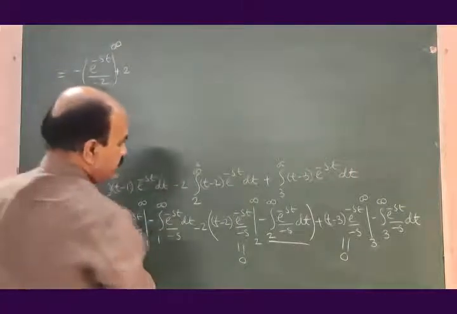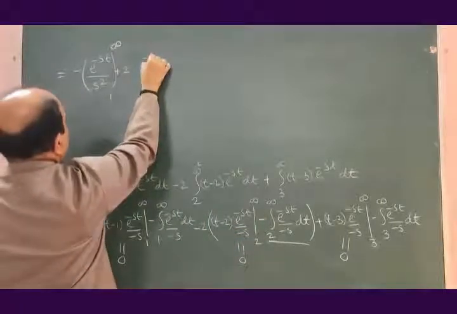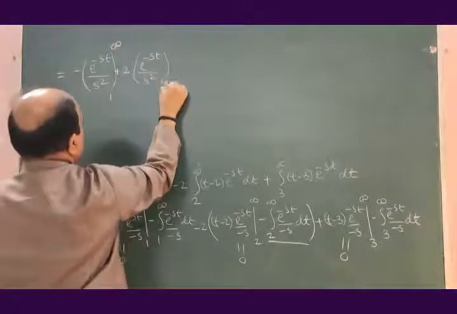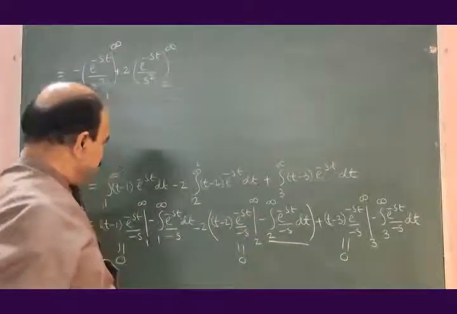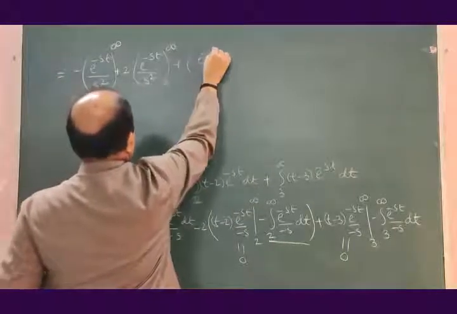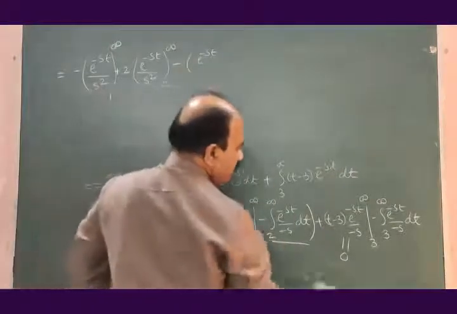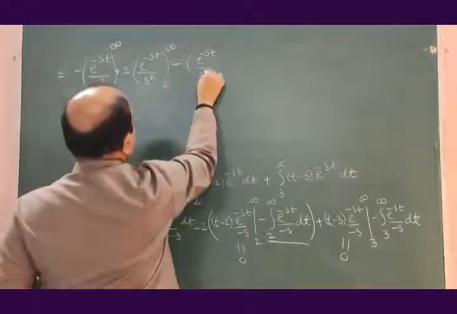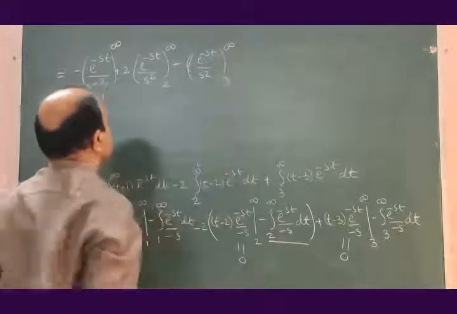Plus 2 times e to the power minus st divided by s square, 2 to infinity. This minus has become plus. Then plus e to the power minus st, minus will be there, minus s and minus st become pluses, 3 to infinity.